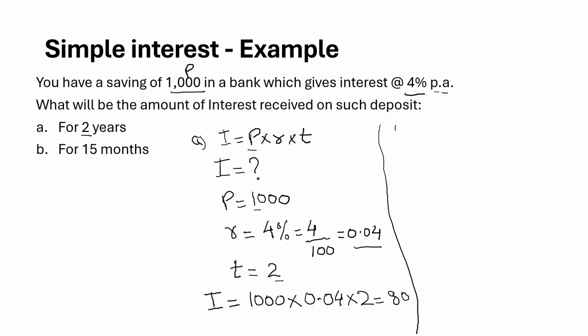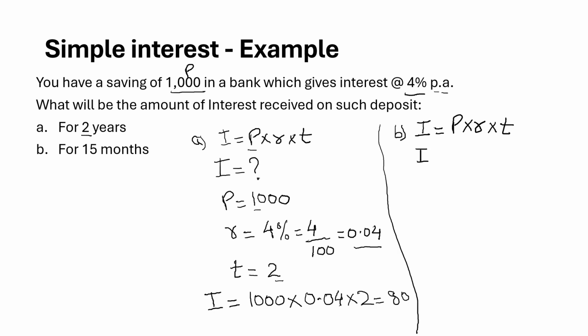Now we will write similarly for B. What is the first thing that we will be doing? We will be writing the formula. I is equal to P multiply by R multiply by T. Now we will substitute whatever is available.